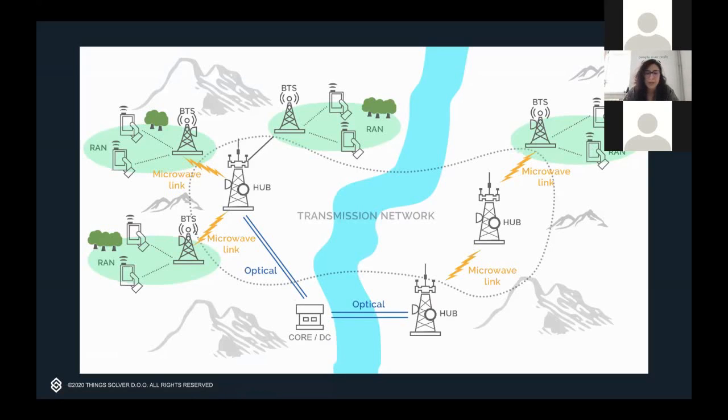What is our use case here? You have a number of users connecting to this base station. If this number of users keeps increasing, at one point in time this base station will get congested, because it won't be able to handle all these users, as the capacity is limited.